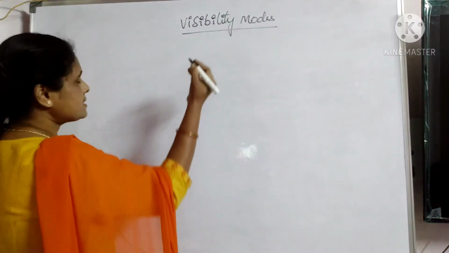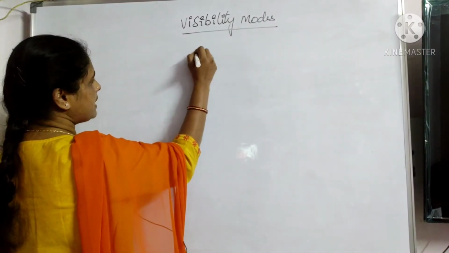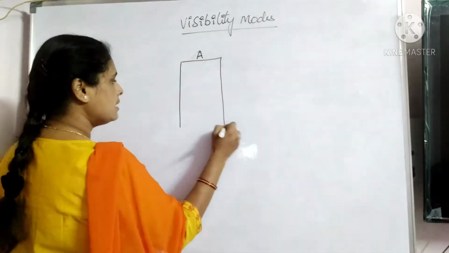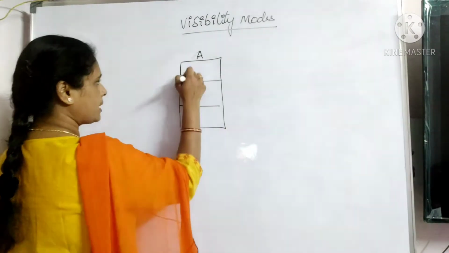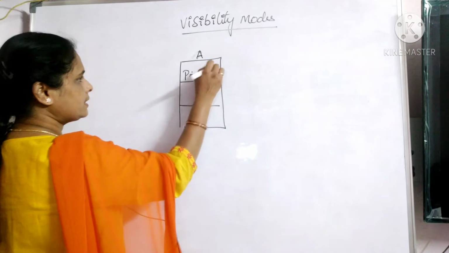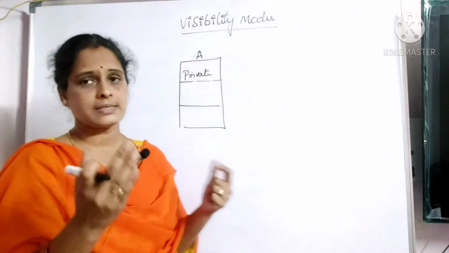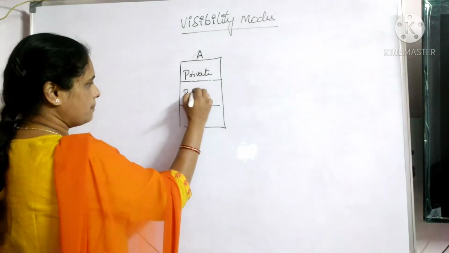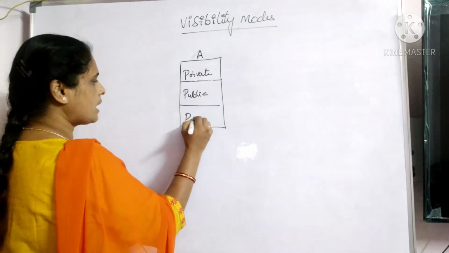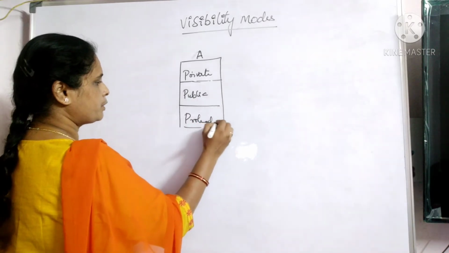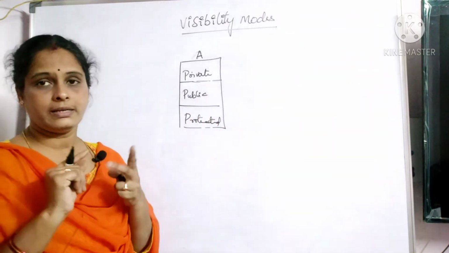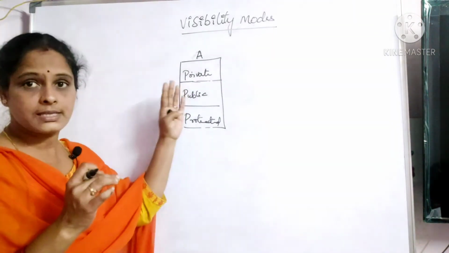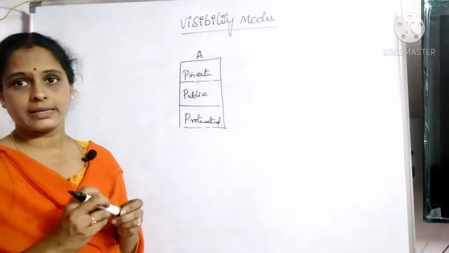First of all, suppose I have a base class, class A. Class A has some private data, that is, some data members and some member functions. It may also have some public data and some protected data. It may have private, public and protected data. Now I want to inherit this base class into a derived class.